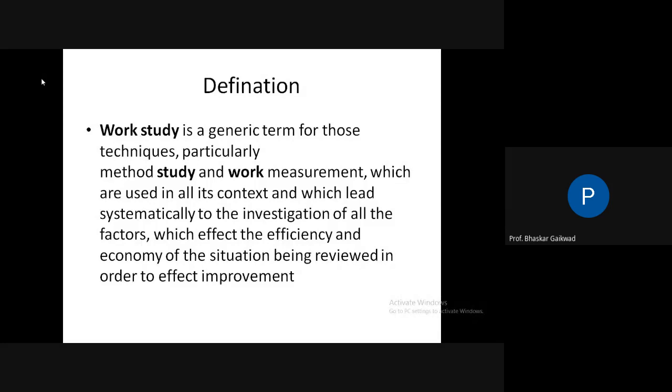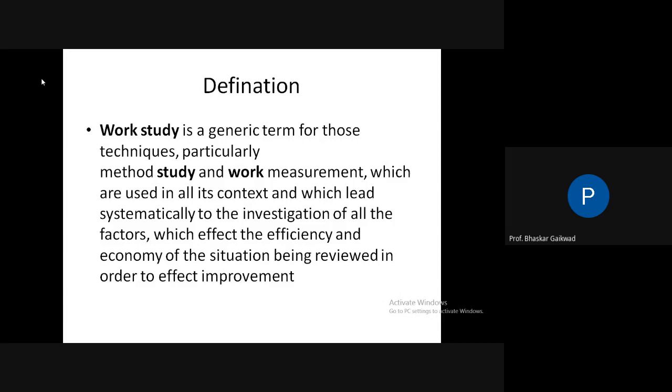This is work study. So what do these few lines indicate? Work study is nothing but a technique, and in that technique two things are there: work measurement and method study. With the help of this, we can increase efficiency and effectiveness. We have to increase production.